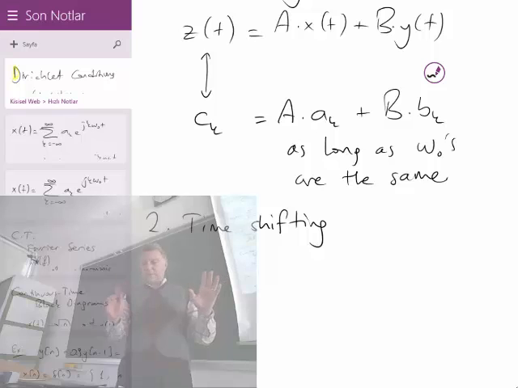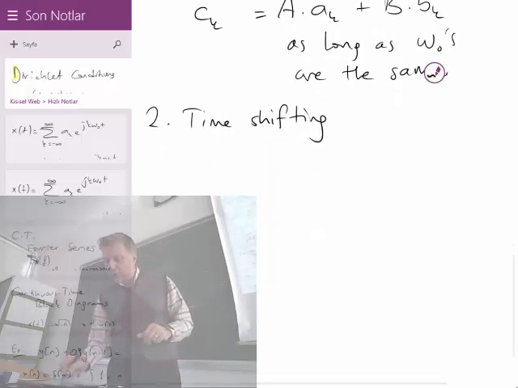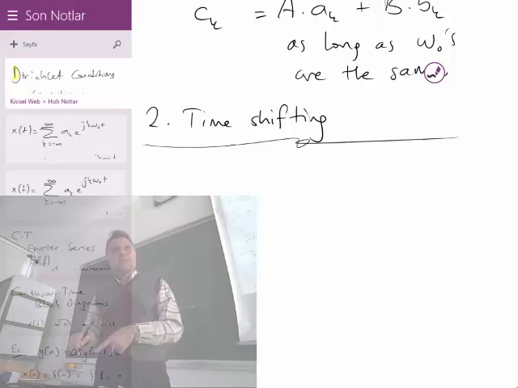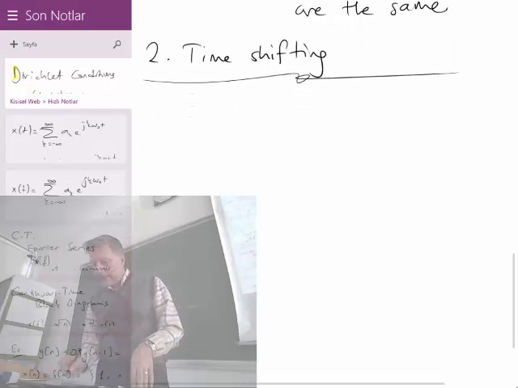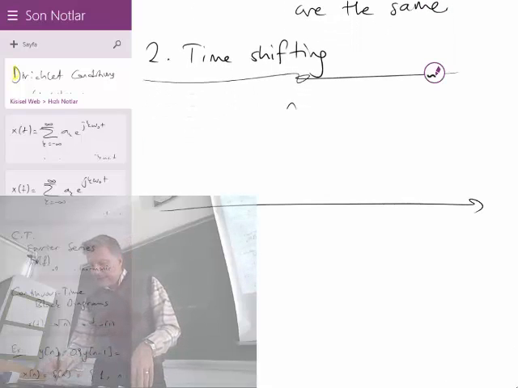Let me give you an example question. I will continue with this time shifting after the example. I'm not going to solve this example, by the way, but it's a nice way of looking at things.